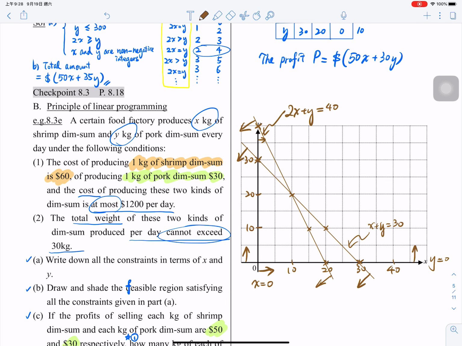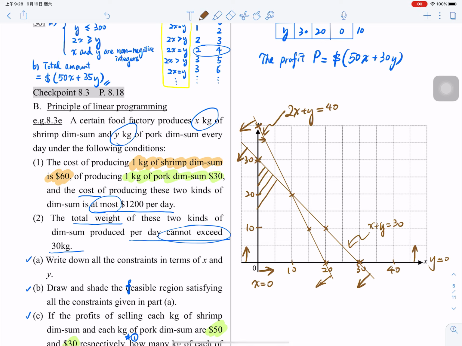Okay, after those constraints that you draw on the rectangular coordinate plane, then you need to draw or shade the regions. Where is the feasible region?